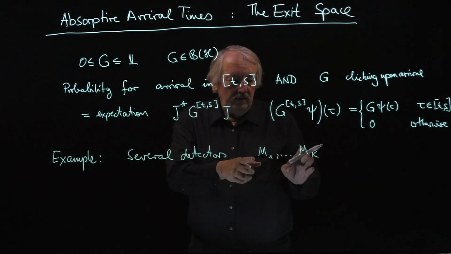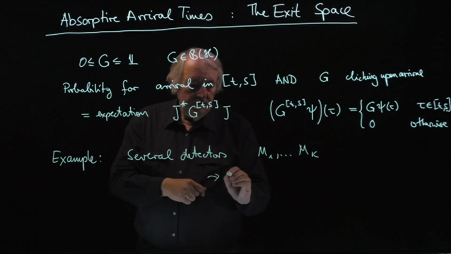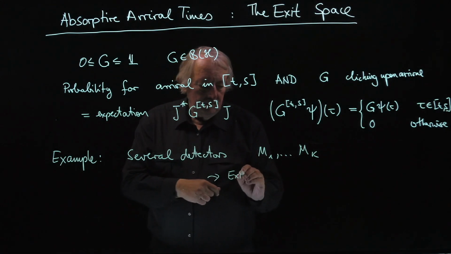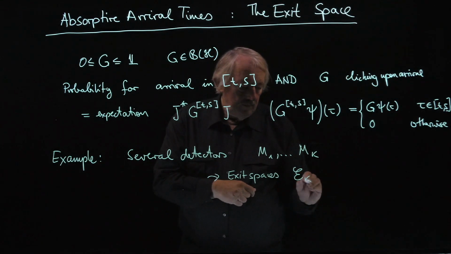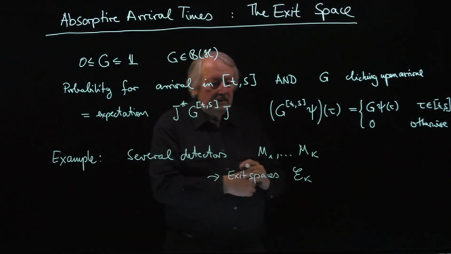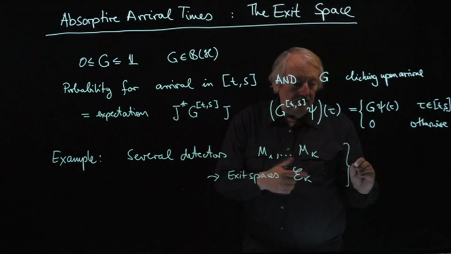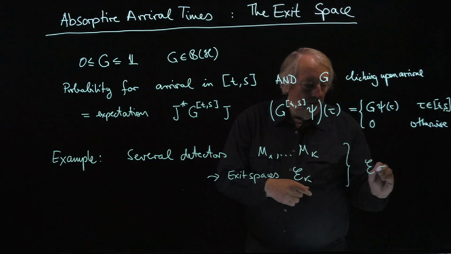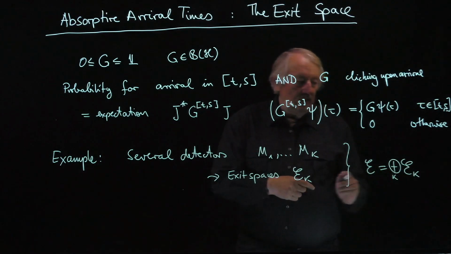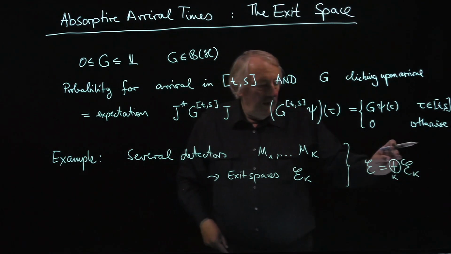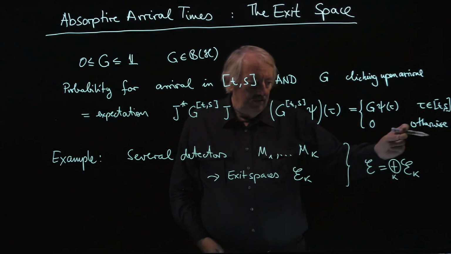And now, for each of them, I could compute an exit space. But then I could take the overall exit space just as a direct sum. So E is just the direct sum of the EK. So I have an observable in this overall exit space that just identifies the counter.